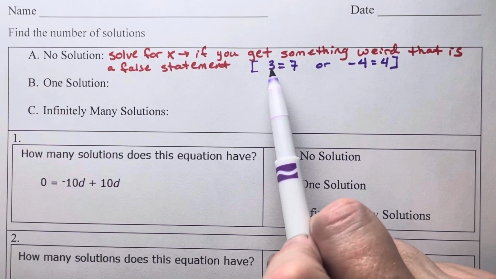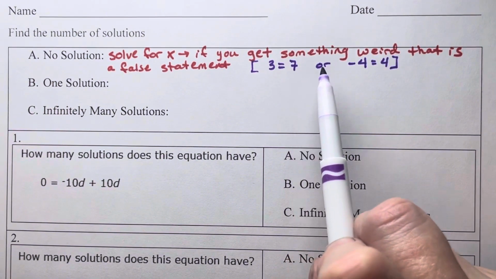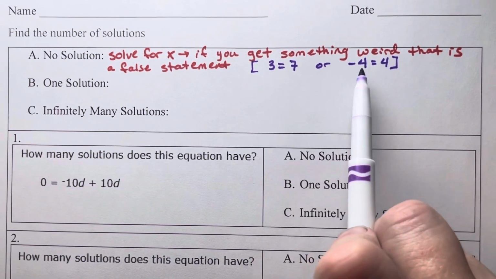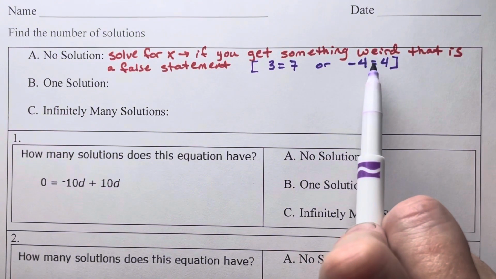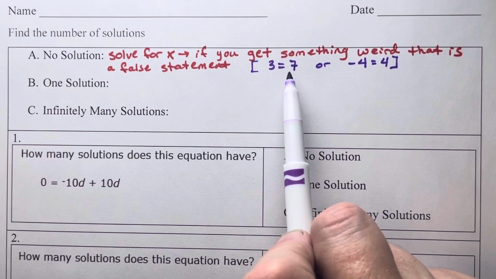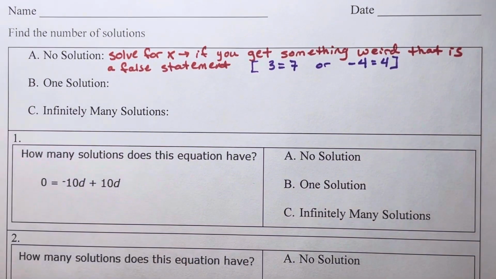For example, 3 equaling 7. Well, no, it doesn't. Or -4 equals +4. Well, no, it doesn't. So if you end up with something weird like this where there are no x's at all and the numbers don't match, then you have an equation that has no solution.